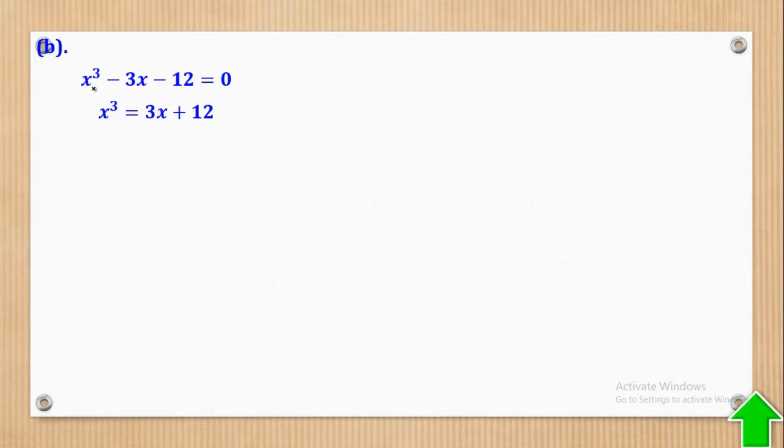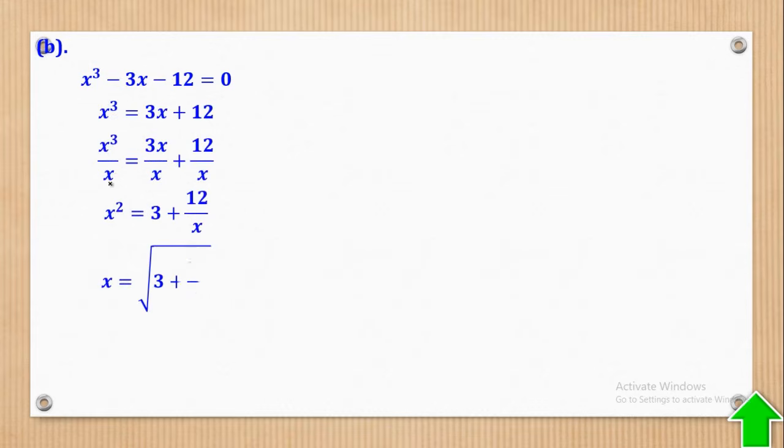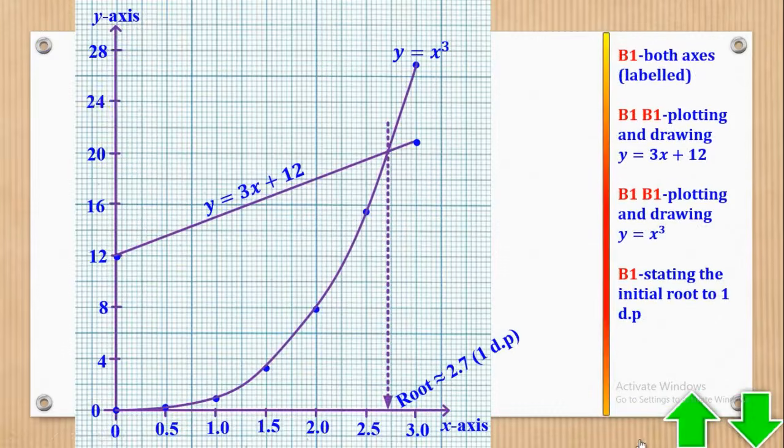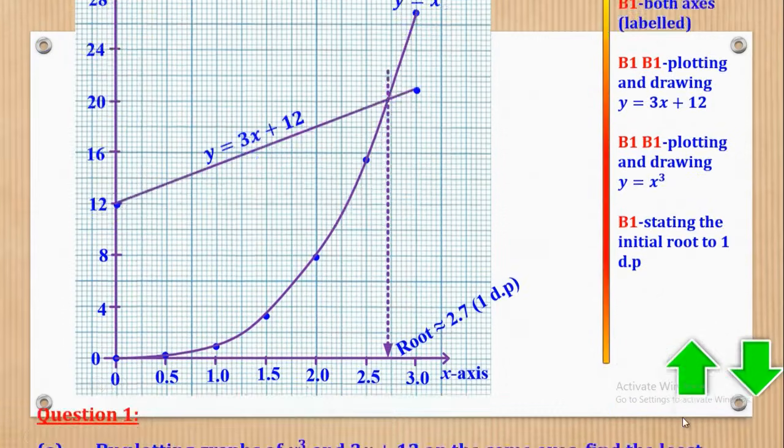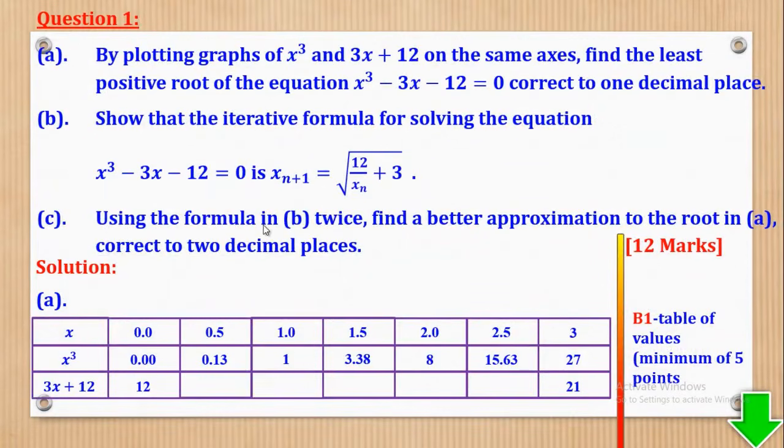What we are going to do is make x cubed the subject, then we divide throughout by x to come up with that, then put square root on both sides to come up with the required iterative formula. Then part 2 said using the formula in B twice, find a better approximation to the root in A correct to 2 decimal places.